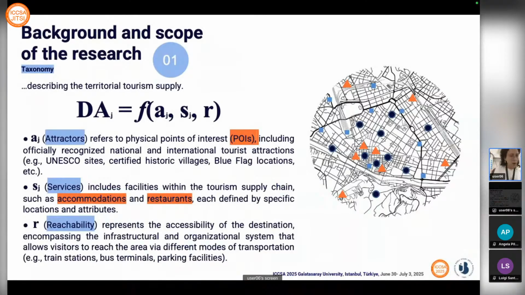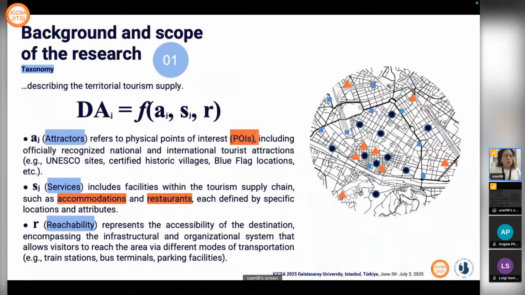For example, parking facilities, bus terminals, train stations, and so on. So this level describes the tourism supply through the territorial lens.